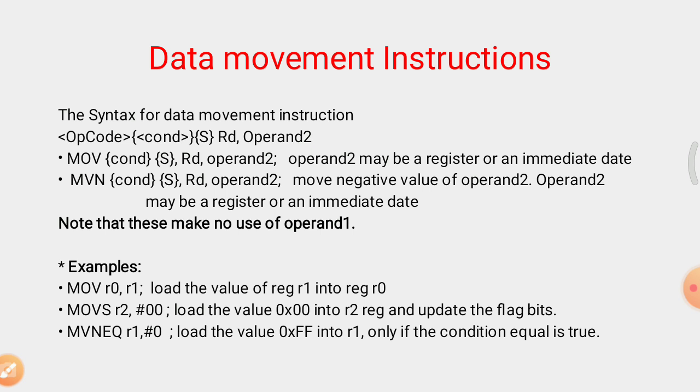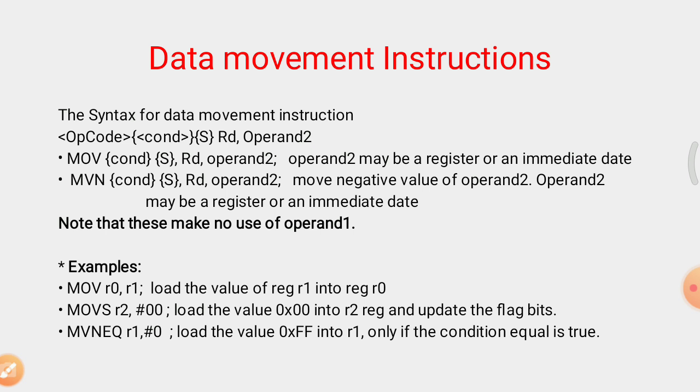For examples, we'll see MOV R0, R1, where we load the value of register R1 into register R0. Here, in the place of operand 2, the register R1 is used. Therefore, the value of R1 is going to be copied into the register R0. MOVS R2, #0x00.